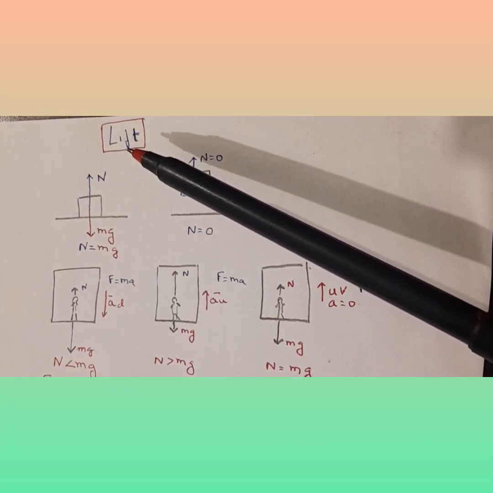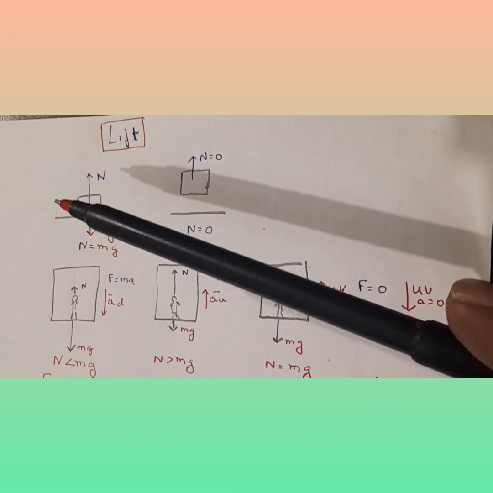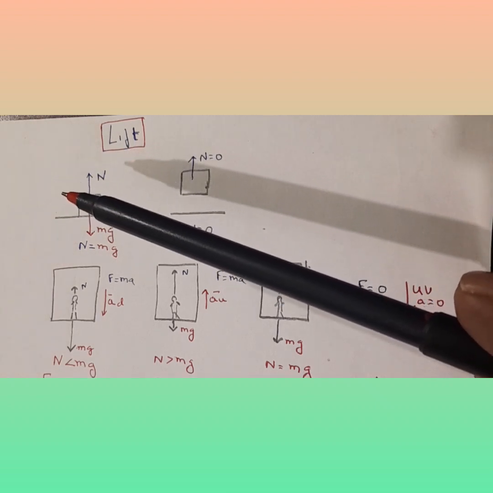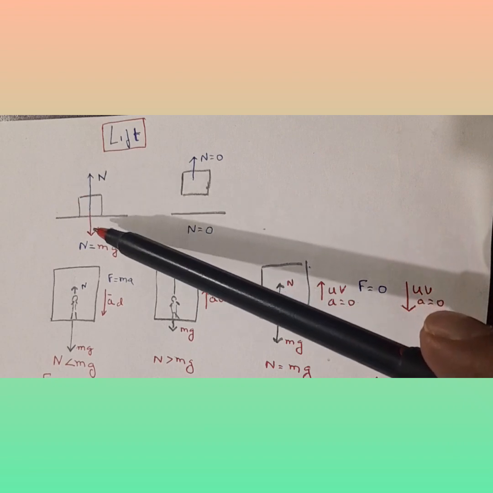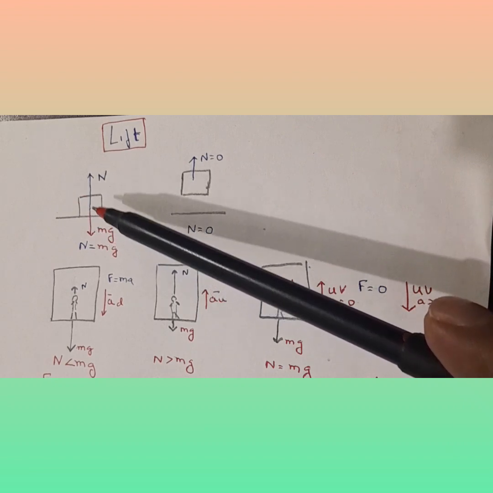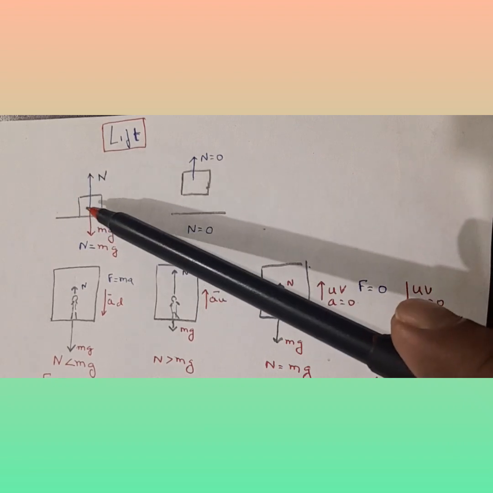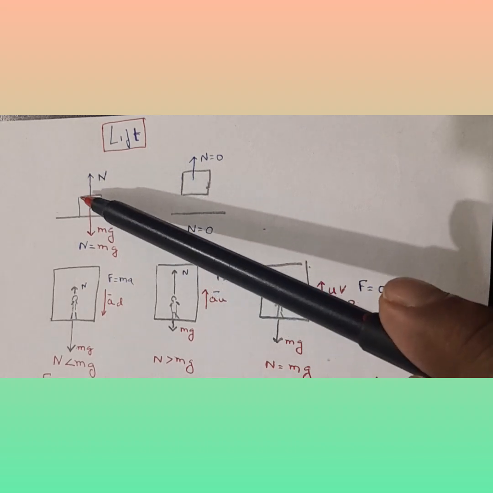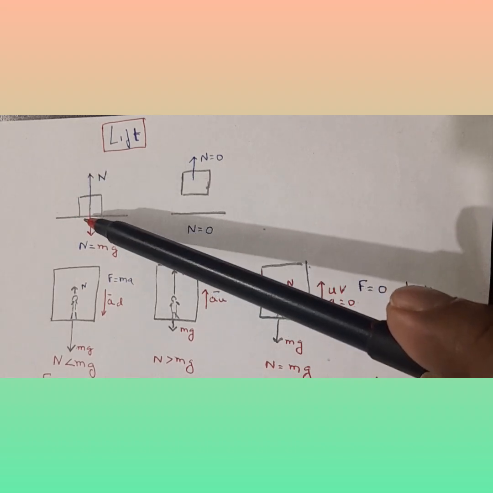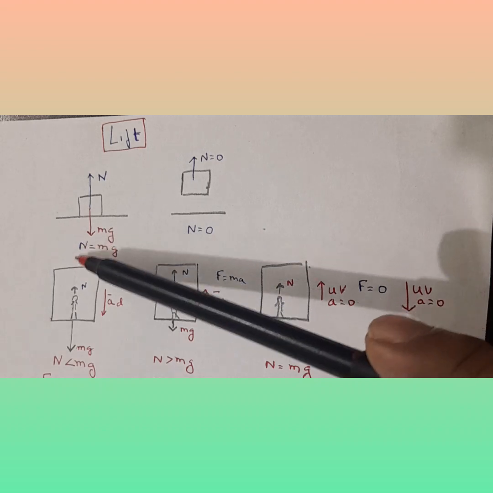Alright, let's understand something interesting about lift. Now, prior to understanding lift, let's understand the relationship between normal and mg. Whenever a body is on a surface, that itself means normal and mg are in equilibrium.